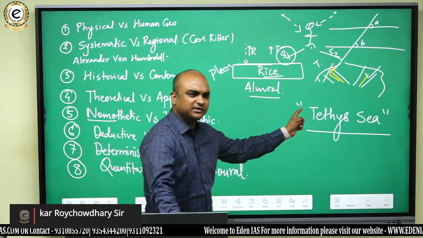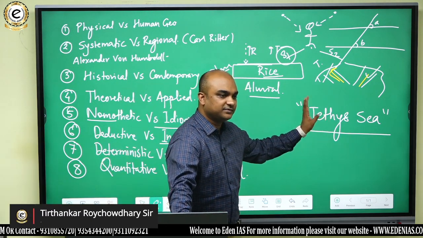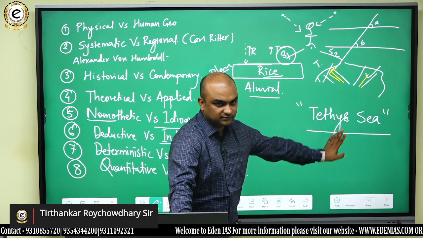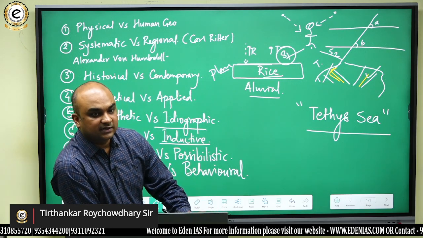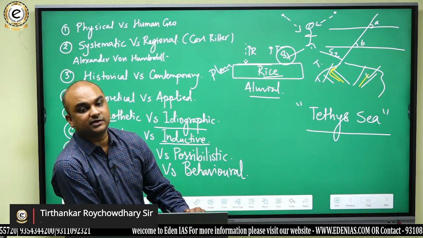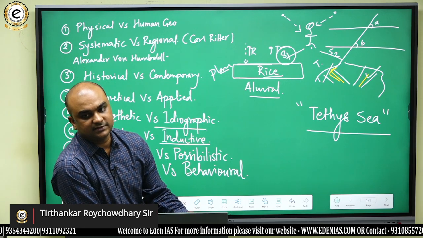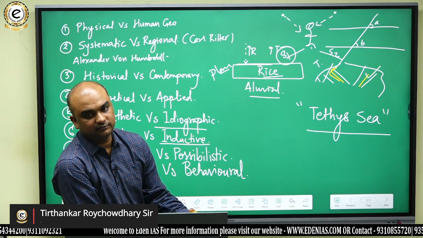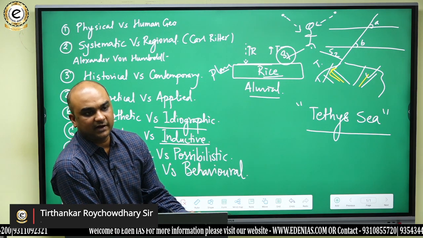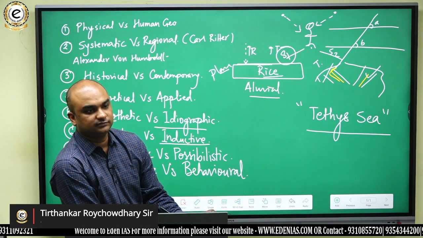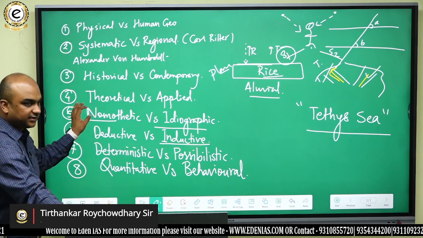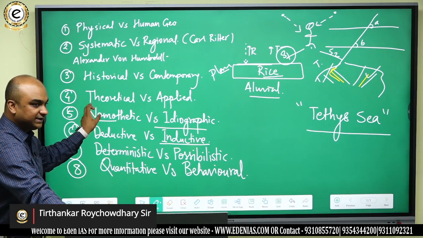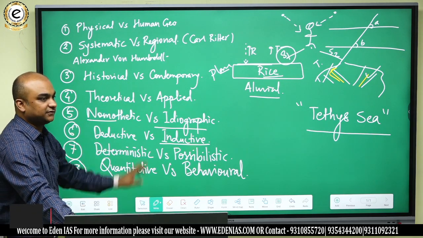We'll read more about it when we go to continental drift theory. Tethys Sea, it is a historical map. In bracket you write geographical history. Close the bracket. Fourth one, theoretical versus applied geography.